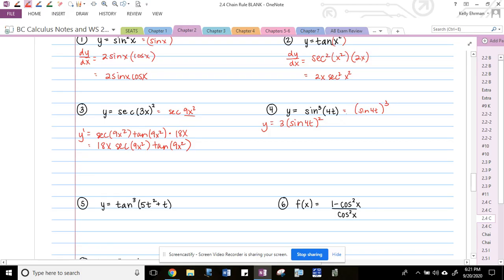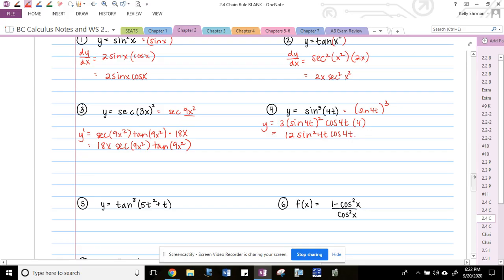So the derivative of sine is cosine of 4t. But you're not done, because there's another function nested in there. That's the derivative of 4t, which is 4. So to clean that up, you have a 4 times a 3, 12, times, let's just write this as sine squared of 4t times cosine of 4t.